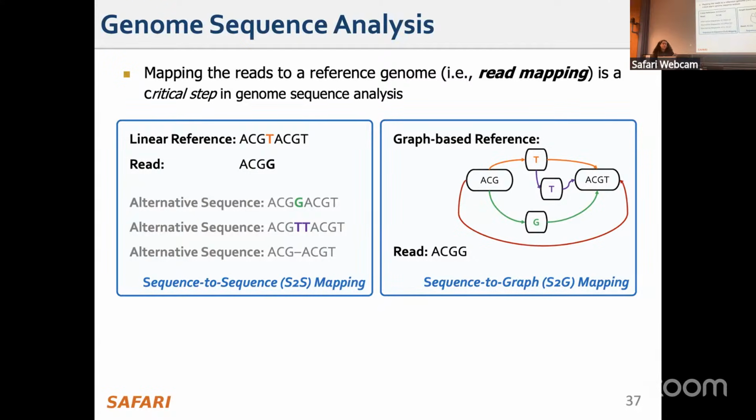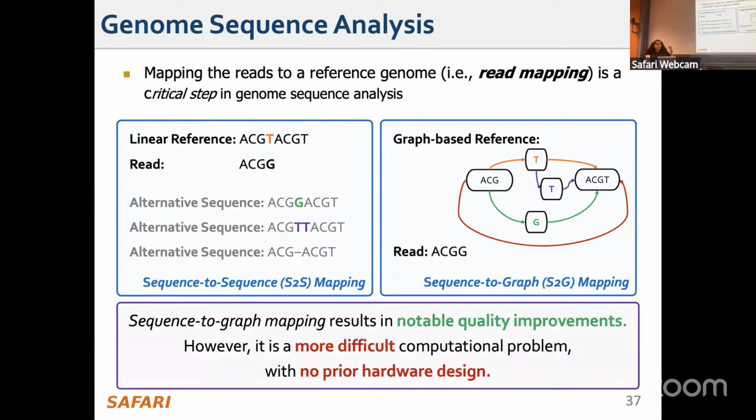The interesting thing, and the reason I put this example here, is that if you compare SegRAM, which targets this problem, with the previous papers I talked about that focused on sequence-to-sequence alignment, you can see there are some quality improvements in analysis, but analysis becomes more difficult, and the challenges that arise computationally are different.